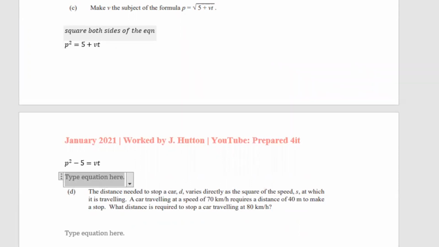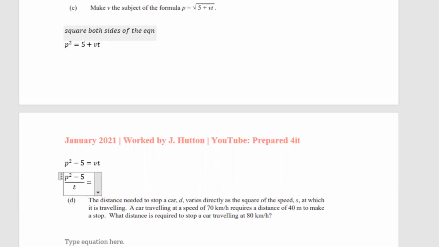Now we can move the t from the right hand side. It was multiplying with the v, so when it comes across it will be divided, or it's the same as dividing both sides of the equation by t. So therefore p squared minus 5 divided by t is equal to vt divided by t. That will basically cancel out.